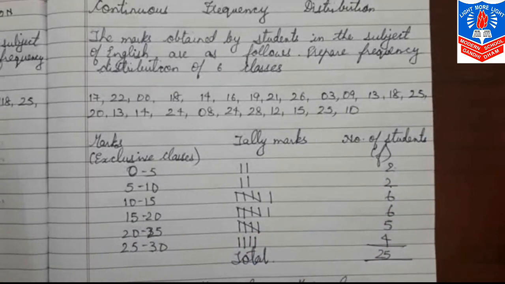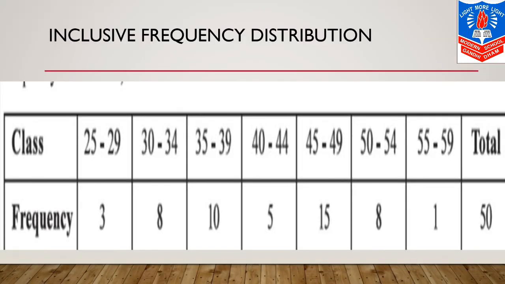Next, usually exclusive continuous frequency distribution is carried out for the continuous raw data. But what about the inclusive classes? Students, the inclusive continuous frequency distribution is carried out for the discrete raw data having large value of range.